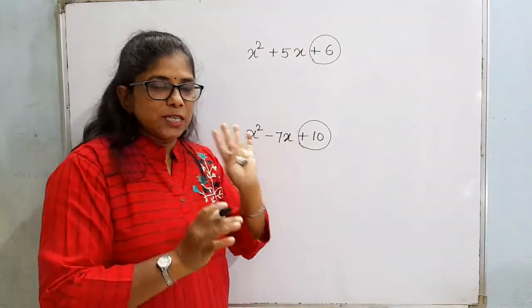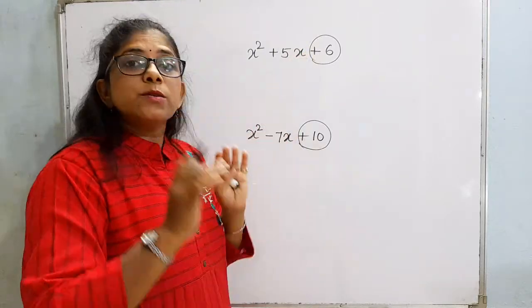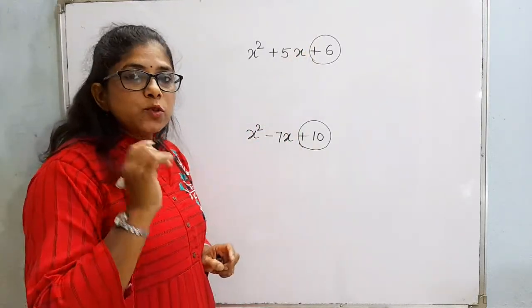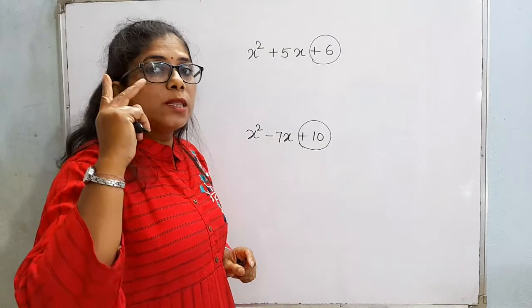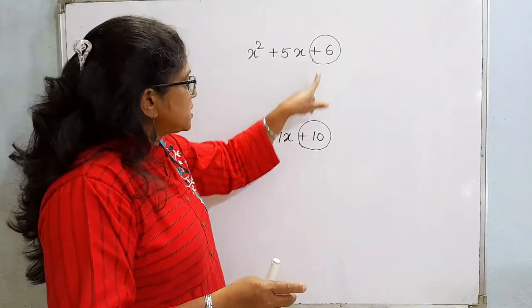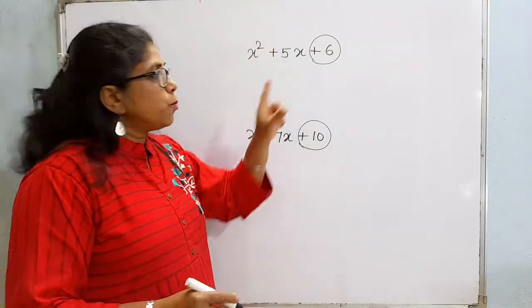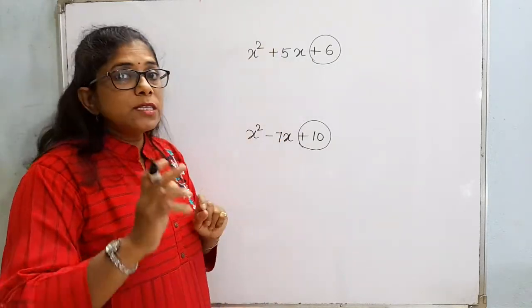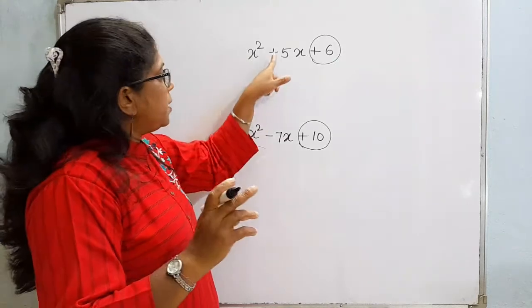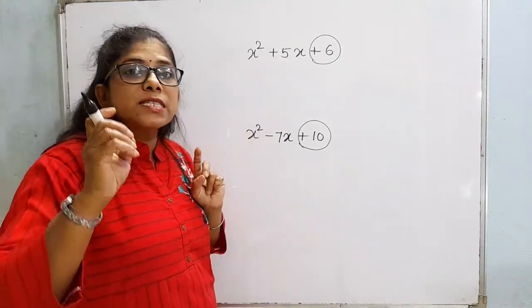Plus 6, plus 10. So whenever the last term is positive, what we have to do is find two numbers whose product is this number and sum is this middle number. The last term is our product and the middle term is our sum.